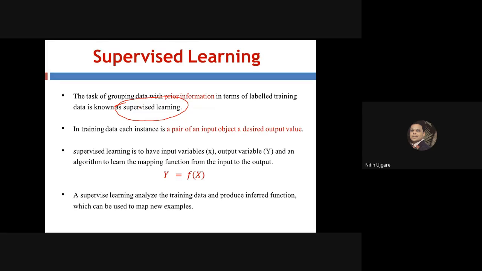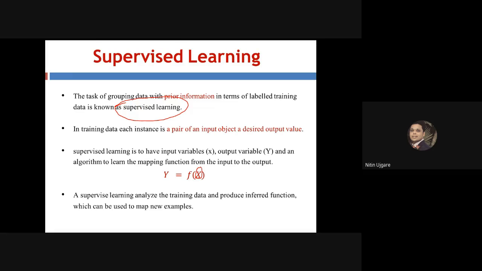So in training data, each instance is a pair of an input object and its desired output value. So supervised learning is to have the input variable X and the output variable Y, which is shown here.